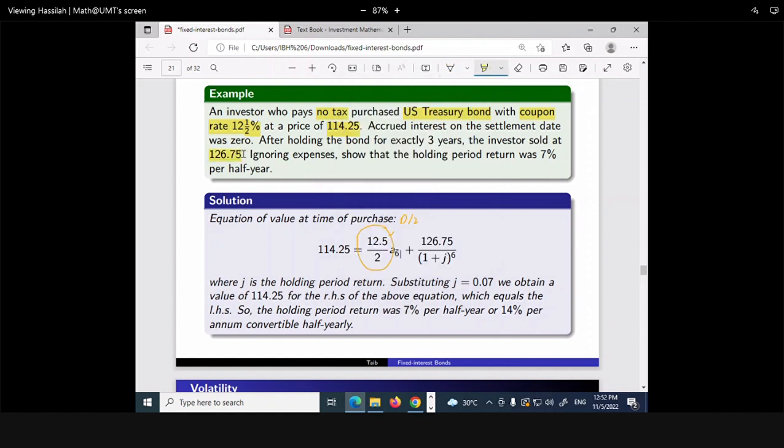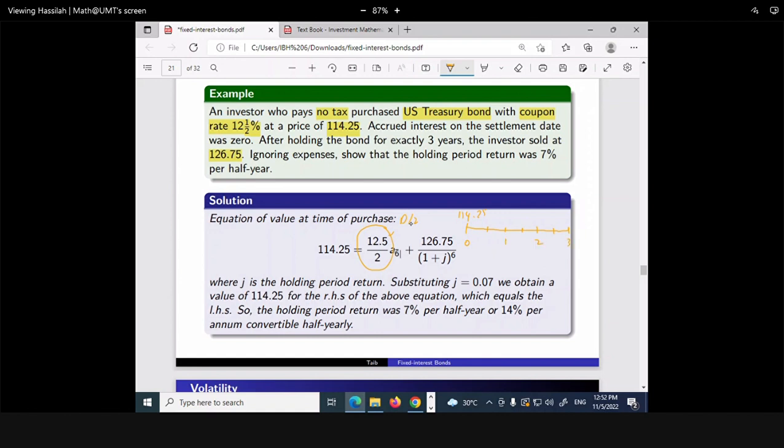Ignoring expenses, show that the holding period return was 7% per half year. Kita buat timeline sikit kat sini. Pada masa kosong, dia beli 114.25 sen. Lepas tu dia dapat kupon. Berapa tahun dia buat? 1, 2, 3, 4, 5, 6. 1 tahun, 2 tahun, 3 tahun.